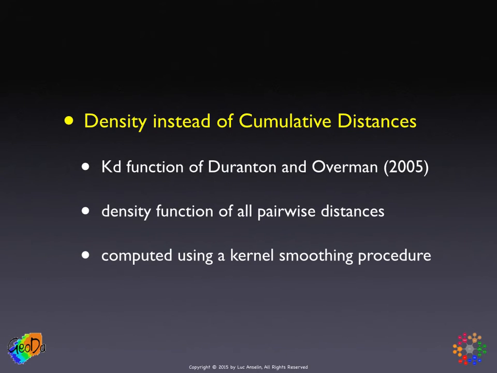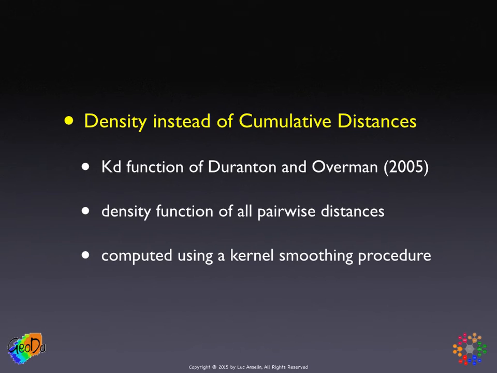And the big difference in approach here is that it's not a cumulative distribution function. It's not a cumulative function of distances like the K function is, but instead it's a density function. And the principle is very straightforward. We compute all pairwise distances. In essence, we compute half of them because they're symmetric. And then we sort them and compute a continuous density function for these.